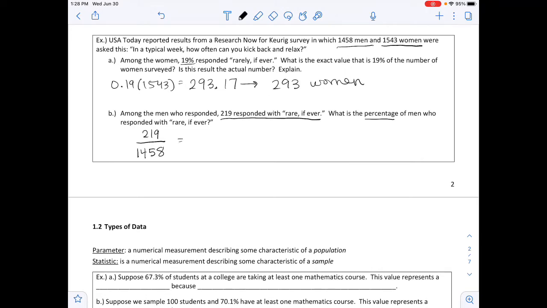Working this out as a decimal, we get 0.1502. When you are doing homework or an exam or a quiz, it will be stated how many decimals to round certain answers, so make sure you look for that. Let's round this to a whole number percent. This works out to being 15%.